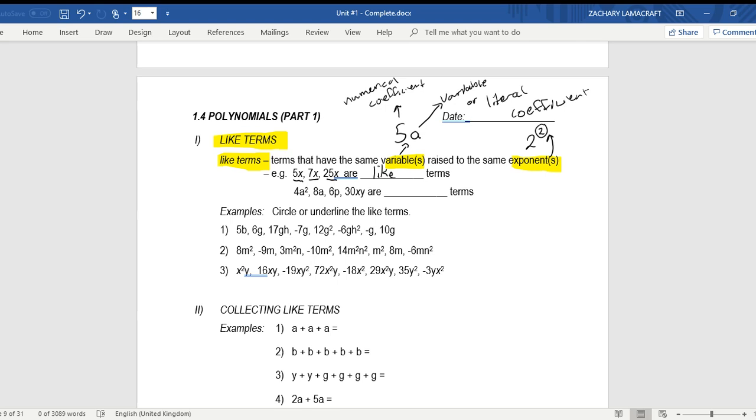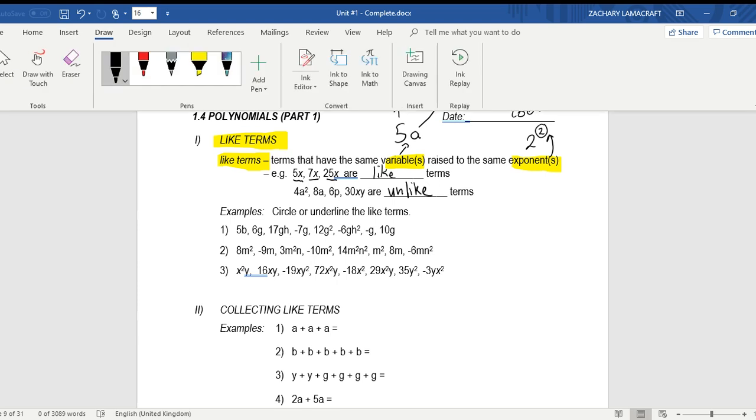But the next example is 4a squared, 8a, 6p, and 30xy. And they are unlike terms, okay? Or they're just different, okay? They're different terms. They're not like terms, okay?